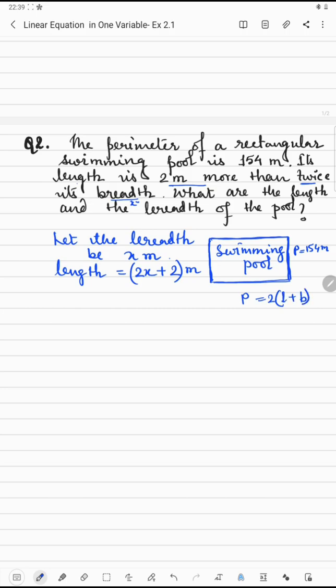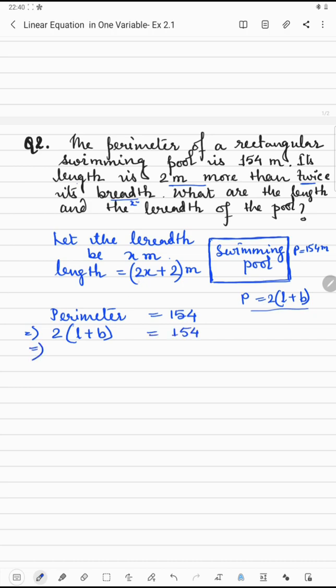Now it is said that perimeter of a rectangular pool is 154 meters. So we can write that perimeter is 154. Now perimeter we know that 2 into length plus breadth. So in place of perimeter we can write 2 into length plus breadth, which is equals to 154.